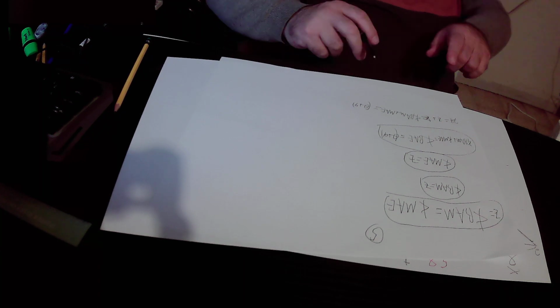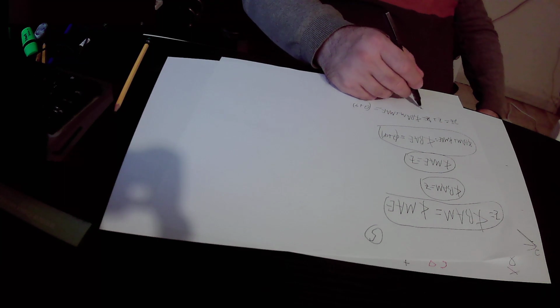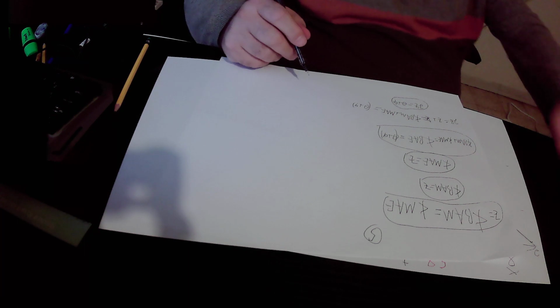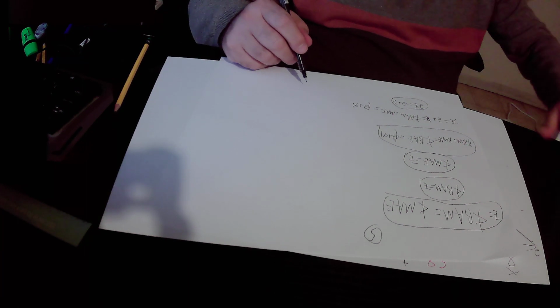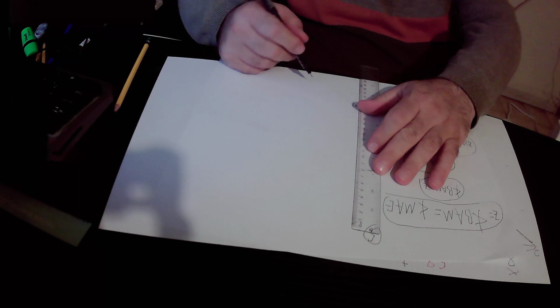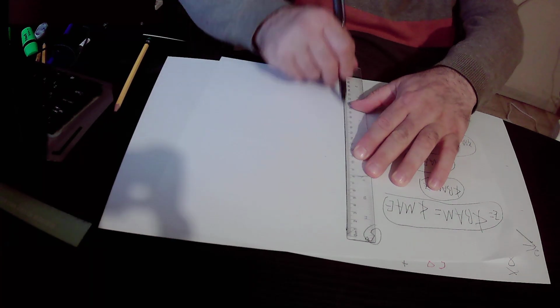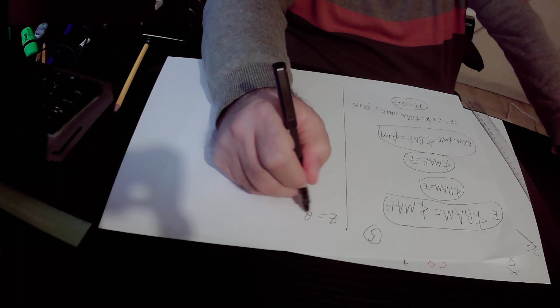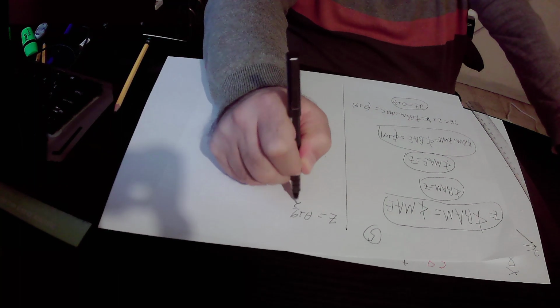So from this equation we will conclude that 2Z equals theta plus alpha. We will divide this equation by 2 and we will get that angle Z is equal to (theta plus alpha) over 2.